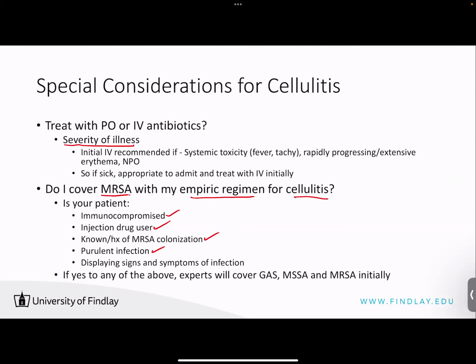If it's purulent, if you see any pus from the cellulitic lesion, you treat it as if it's MRSA. So any of these, yes. You want to make sure you hit all of those, okay?